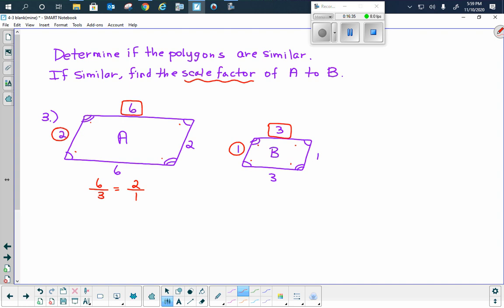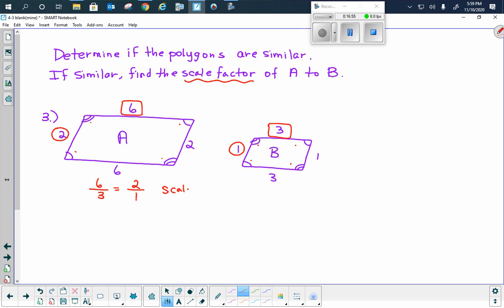Does 6/3 reduce to 2 over 1? And 6/3, both those numbers reduced by 3, you do get 2 over 1. So if you fully reduce that fraction, that's what's called a scale factor.